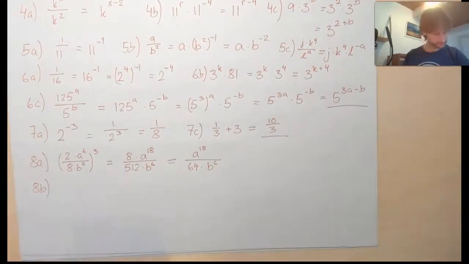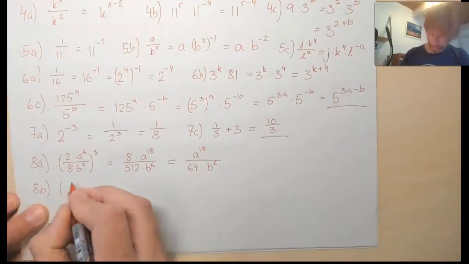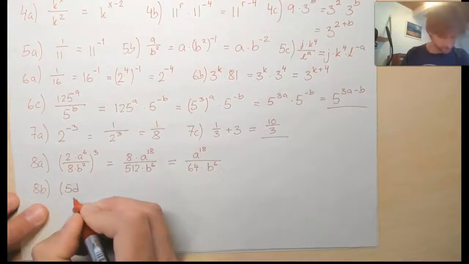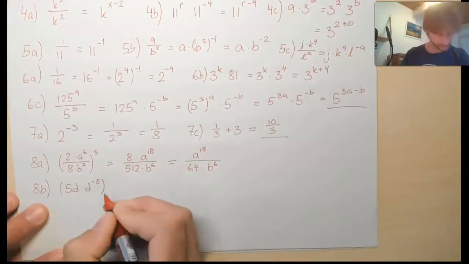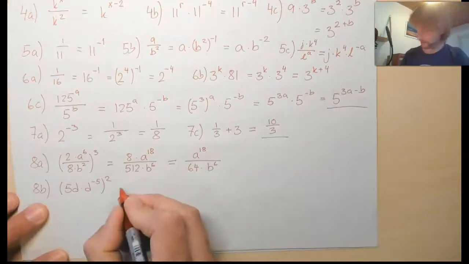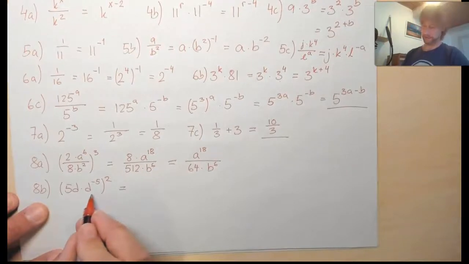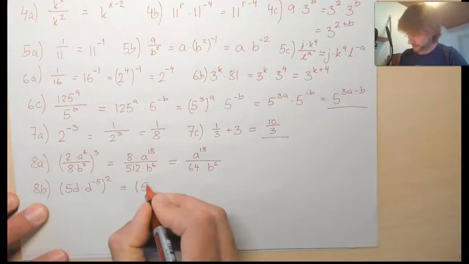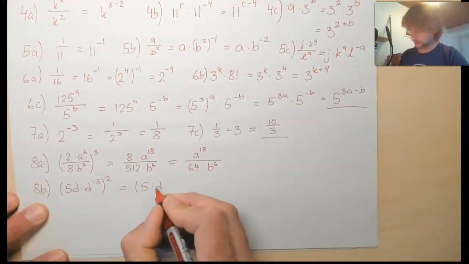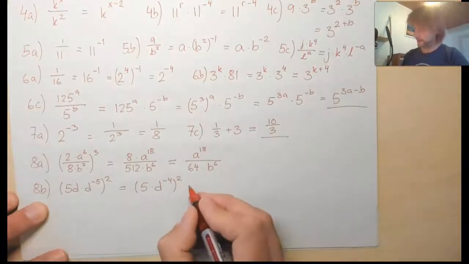8b. We have 5d multiplied with d to the minus 5, squared. First of all, this is d to the power of 1, this is d to the power of minus 5. I can add the powers, so it's actually 5 times d to the minus 4. And I want that squared.